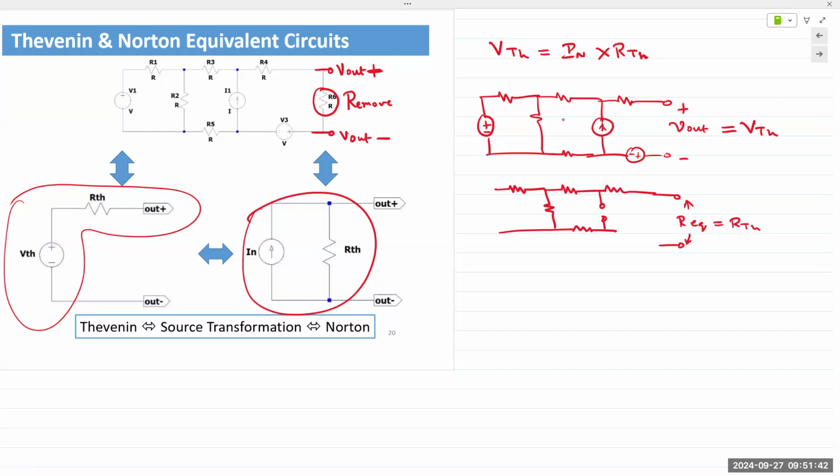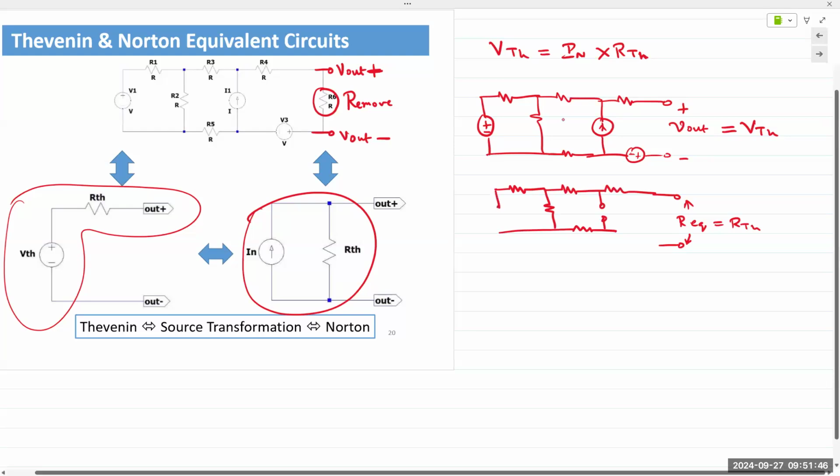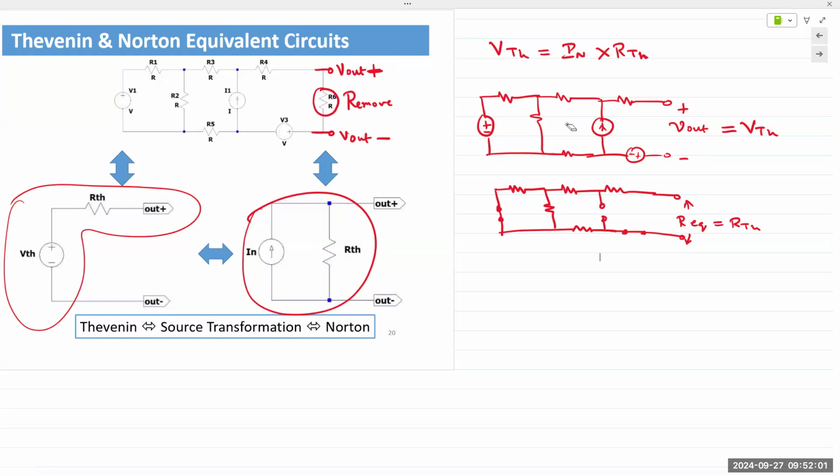And reducing it to 0 means you remove all the sources from the circuit and you replace the voltage source with a short circuit. And you replace the current source with an open circuit. Essentially, you just remove it from the circuit. That's it. And then you calculate your Req between those terminals. That Req will be your RTH, Thevenin resistance.